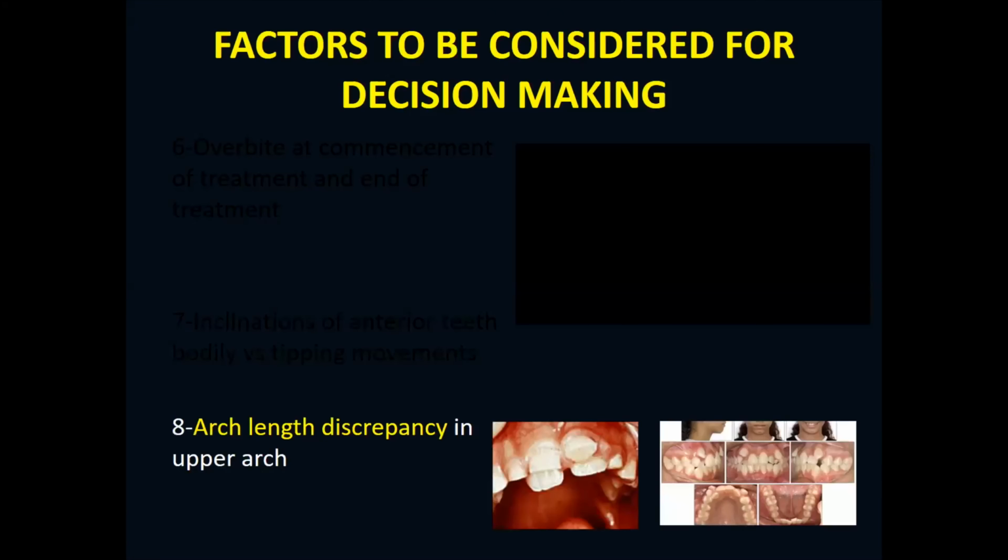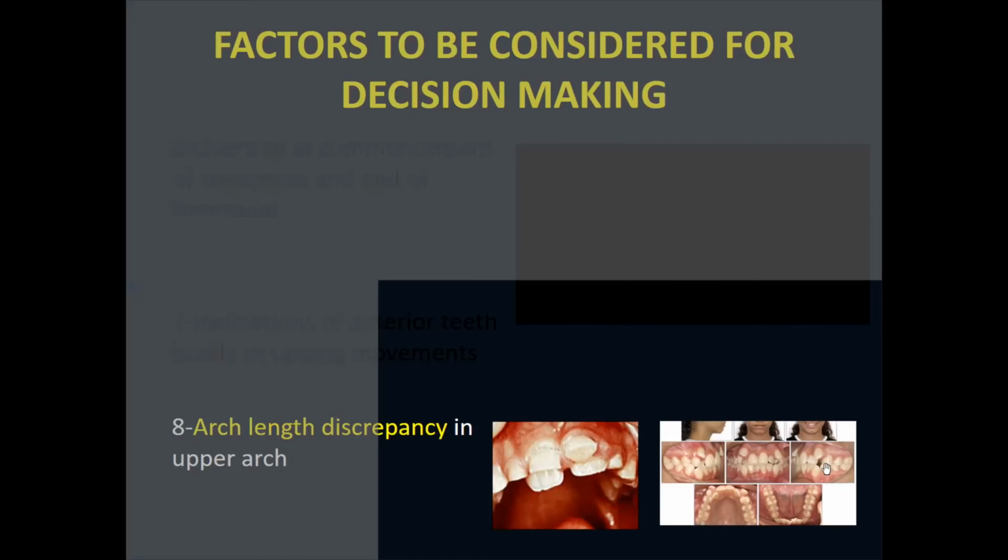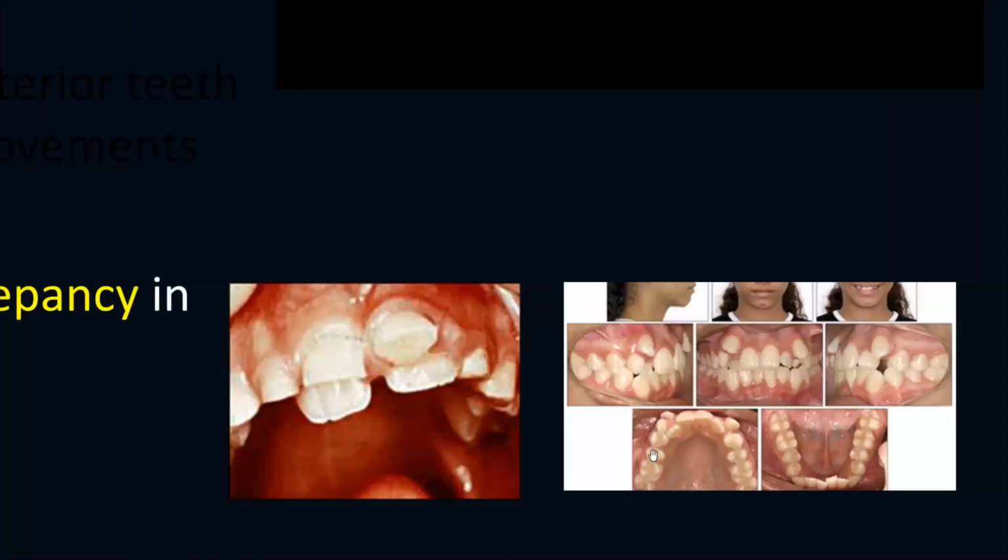So the inclination of the teeth is very important for the choice of the appliance. Either you're going to use the removable appliance or the fixed appliance, depending upon the initial inclination of the teeth. And the other important variable is the arch length discrepancy. For example, if you're going to correct the anterior crossbite, are you providing the optimal space in the arch for the correction or not? For example, if you look at this patient, you can easily bring the upper incisor forward after the extraction of the primary teeth into its proper position.